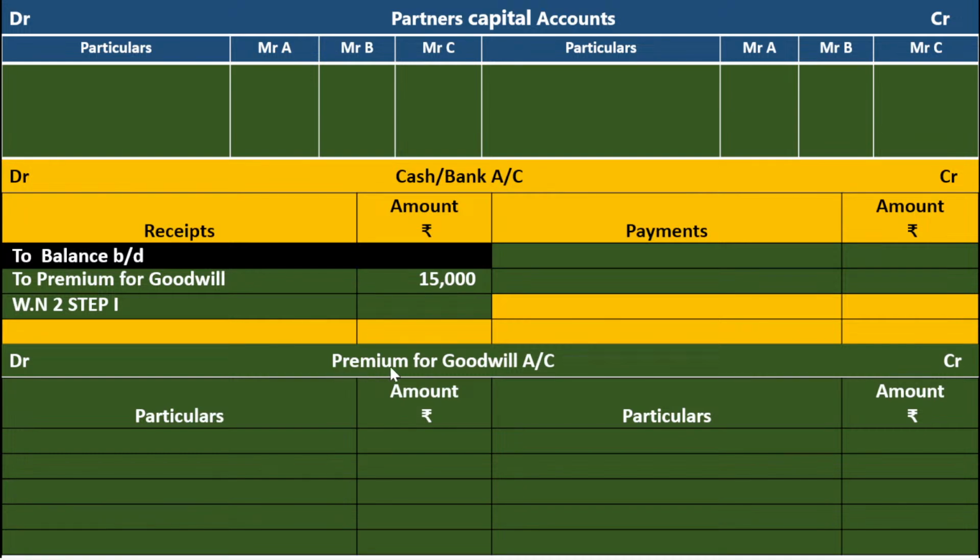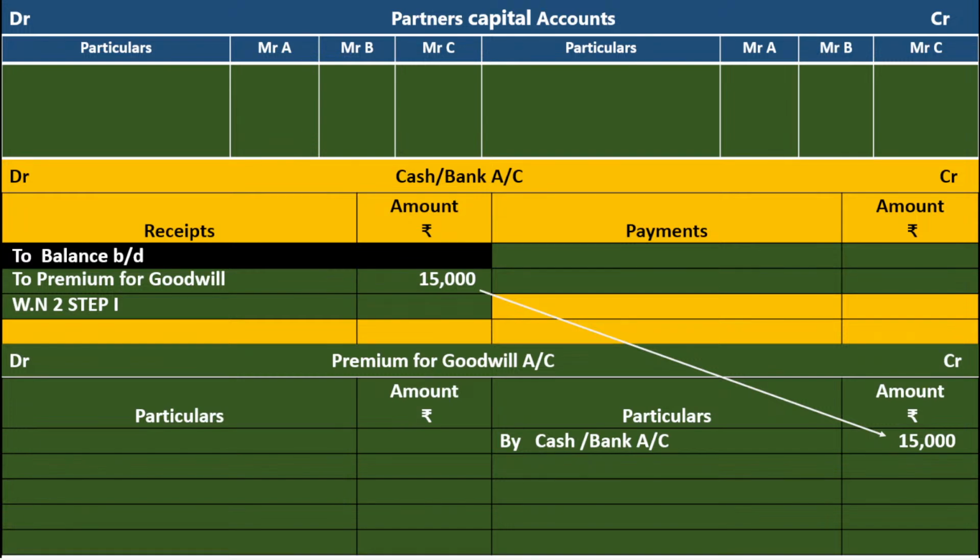When we are preparing the premium for goodwill account, check whether it is credited or debited. Credited. That's why premium for goodwill account is credited by cash or bank account. Once again I will explain.